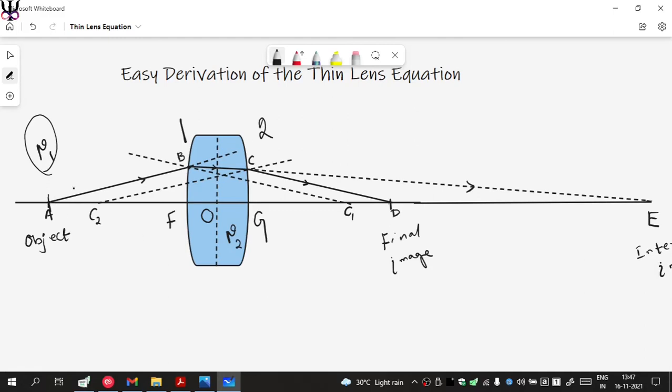The incident ray will travel along A to B, get refracted and travel along BC. The other incident ray goes through the principal axis, because it hits both the interfaces at right angle, so there is no deviation.